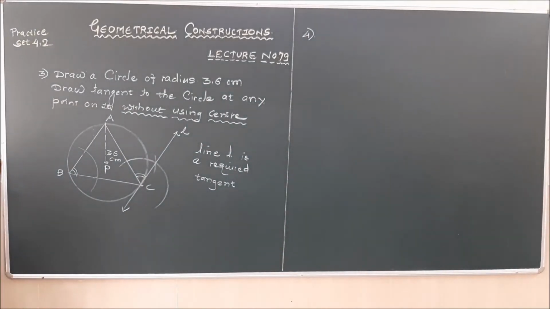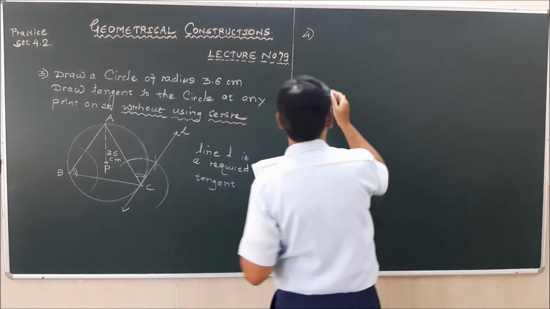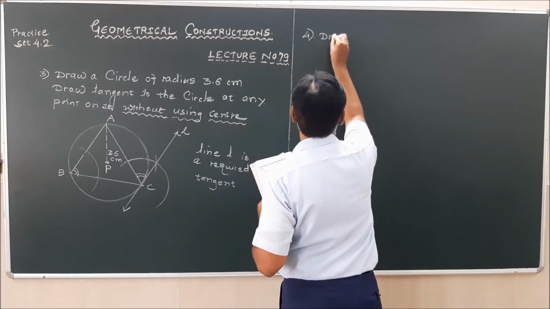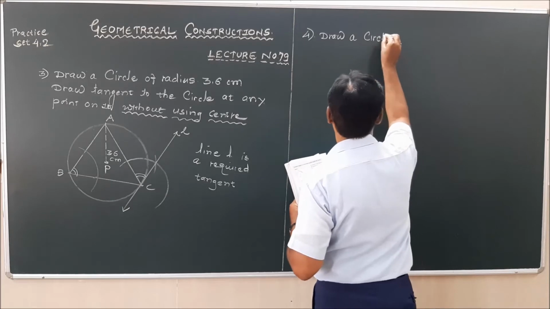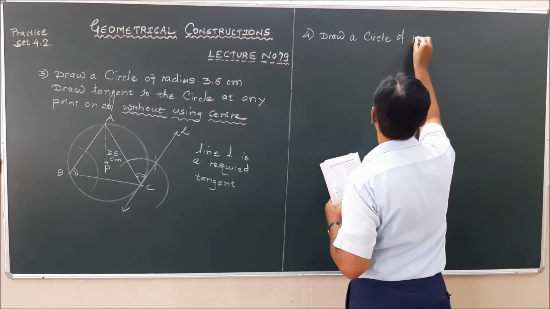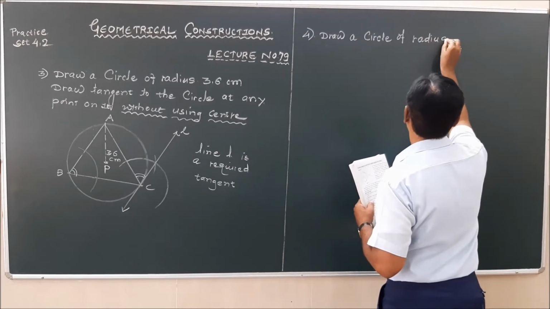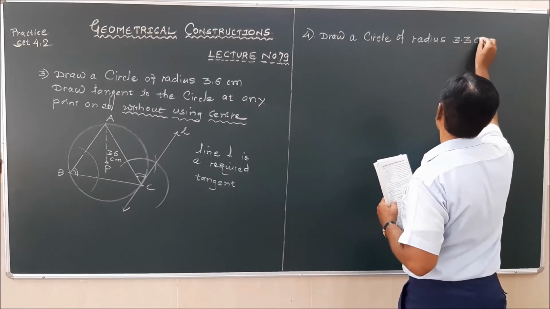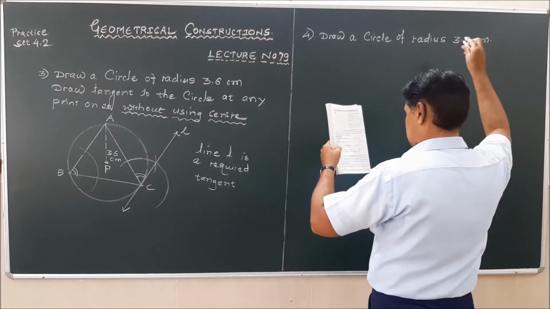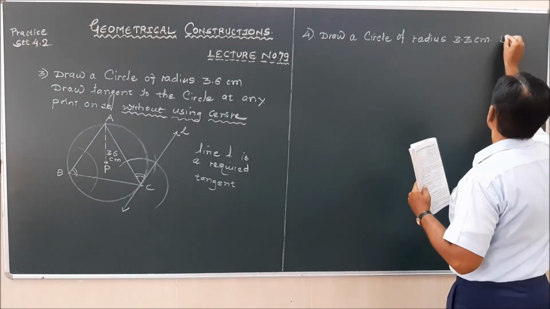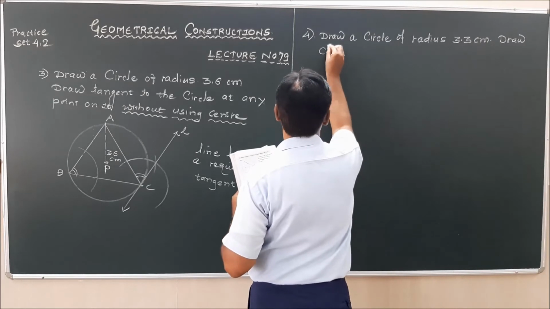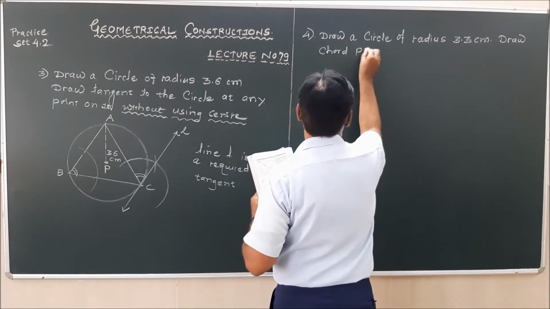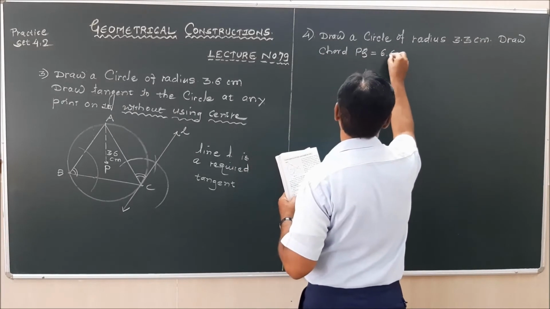Okay. Now question number 4. Draw a circle of radius 3.3. This is a very typical question. Draw a circle of radius 3.3 centimeter. Next to that, draw chord PQ equal to 6.6 centimeter.